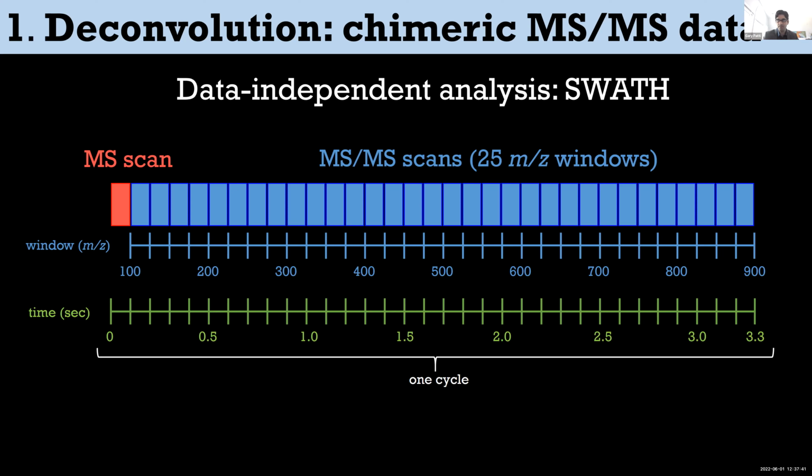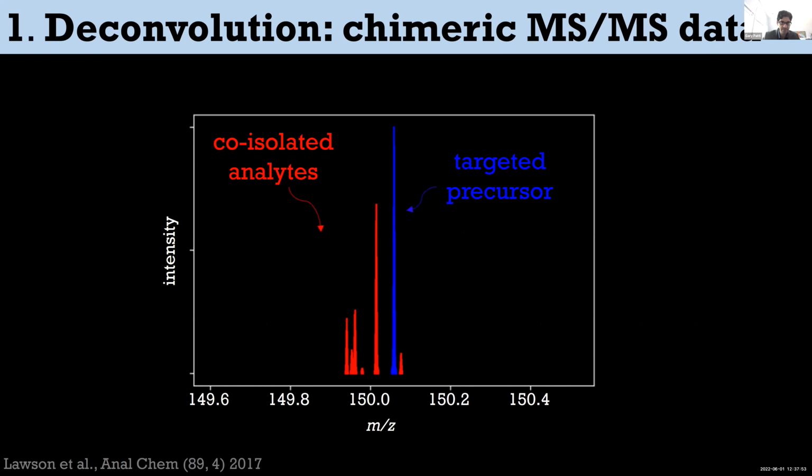So the question then becomes, how do we evaluate the amount of chimeric data that we're generating? I've introduced data independent acquisition, but how do we assess whether or not we're getting a lot of chimeric data? One way to assess the extent to which the data are chimeric is to use an approach that was inspired by this paper listed at the bottom of the screen, an Analytical Chemistry paper in 2017 from Rick Dunn's group.